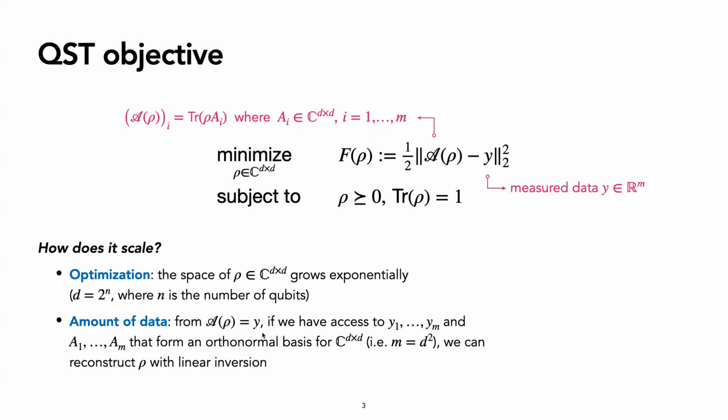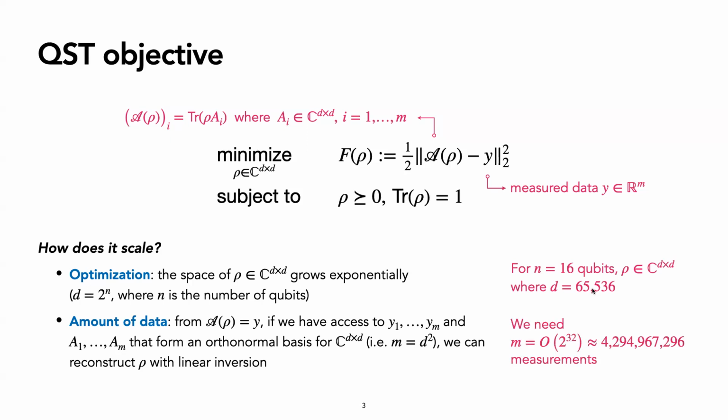Theoretically, if we have enough data and enough sensing matrices, we can just invert this and obtain rho. But how would this scale? For only 16 qubits, our variable of interest is more than a 60,000 by 60,000 dimensional complex matrix. And to utilize this linear inversion intuition, we need d squared measurements, and d itself grows exponentially with the number of qubits. So for only 16 qubits, we need more than 4 billion measurements.